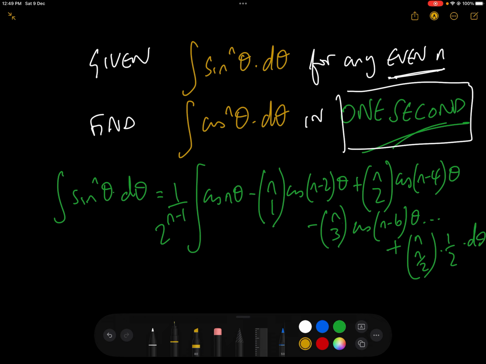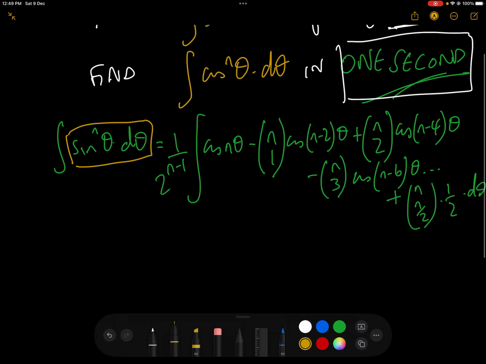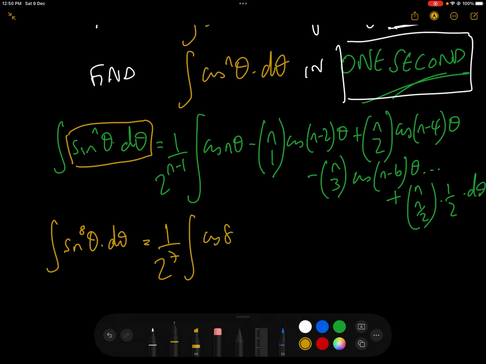So basically the integral of sine to the n theta d theta is the same as the integral of this entire expression here. And then as an example, we did it for the integral of sine to the power of 8 theta d theta, which gives us 1 over 2 to the power of 7, just putting in n equals 8, the integral of cos 8 theta. And let's expand these. n1 is 8. It's the eighth line of Pascal's triangle, so that's minus 8 cos of 6 theta.